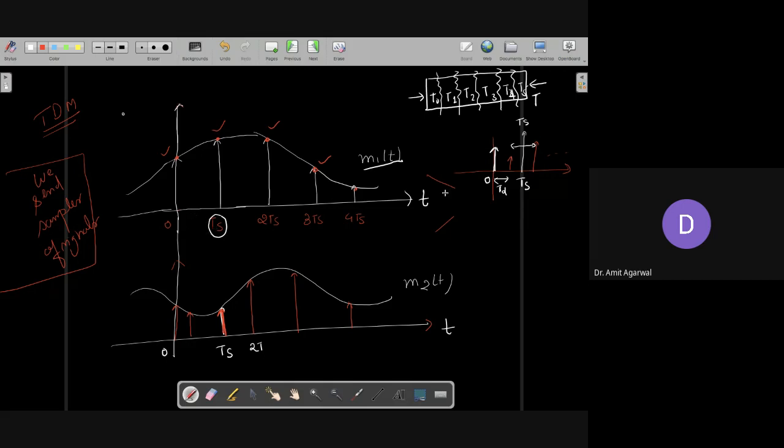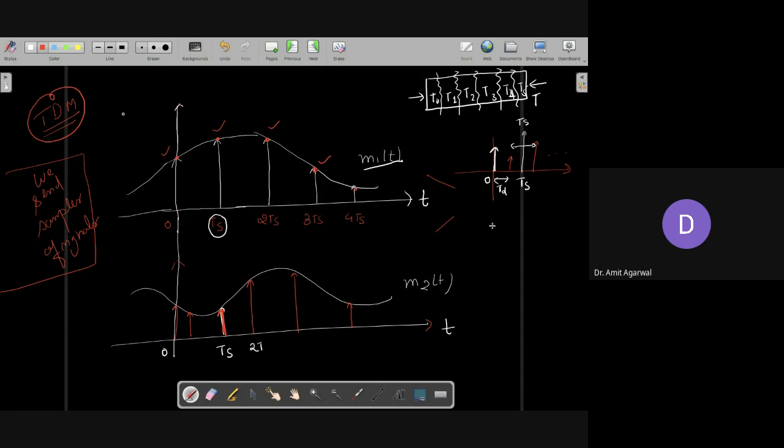So this is called time division multiplexing, and the process of putting the other signal in between the first signal is called interleaving. So you interleave the message of the other signal, and by this way you can now transmit two signals over the same frequency, through these samples which you transmit.